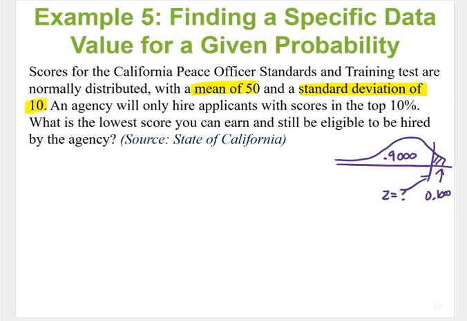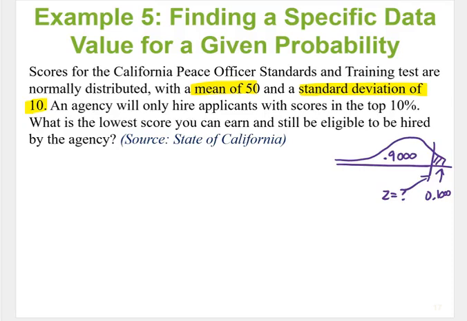So I would go to my data chart and look up the 0.900, because again, I can't find the area to the right. I can only find the area to the left. So I would look up that 0.90, and we don't have anything that is exactly 0.90. I have a 0.8997 and I have a 0.9015.